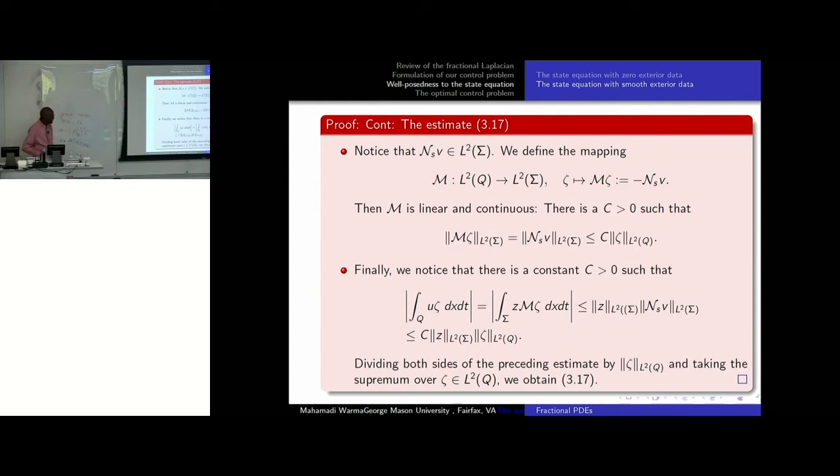Now you know that it is less than the norm of Z in L2 times the norm of psi in L2 of Q. Now you divide by the norm of psi in L2 of Q and take the supremum over psi in L2 of Q, so you obtain exactly that the norm of U in L2 of Q is less than or equal to a constant times the norm of Z in L2 of sigma.